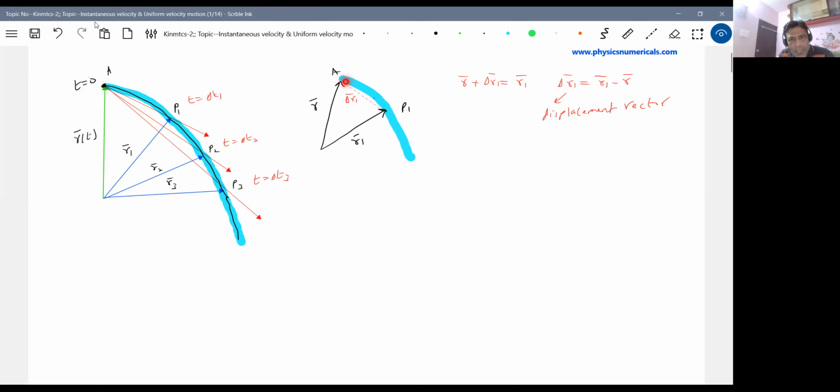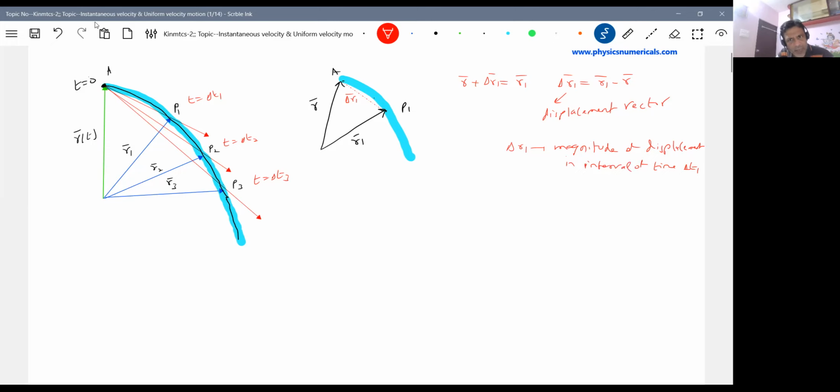So in interval of time delta t1, the particle has a displacement of delta R1. What is delta R1? We can say it is the magnitude of displacement in interval of time delta t1. That's the basic idea.